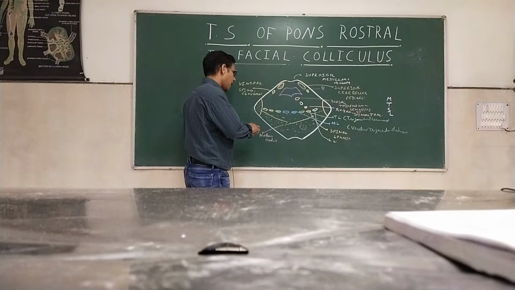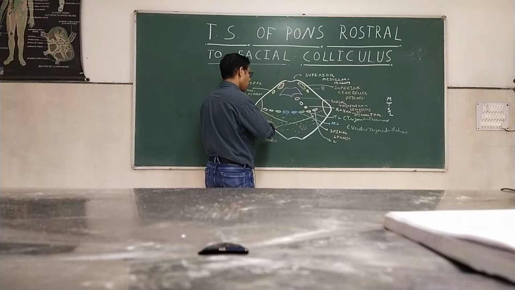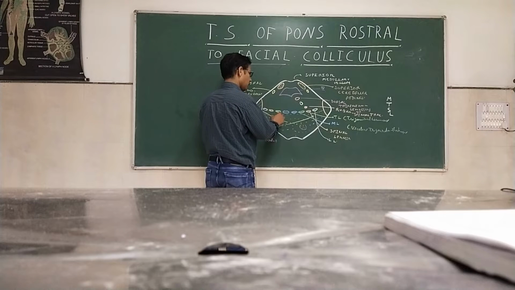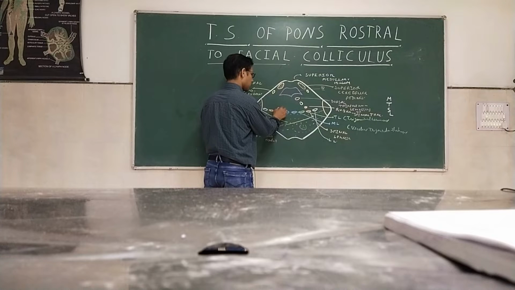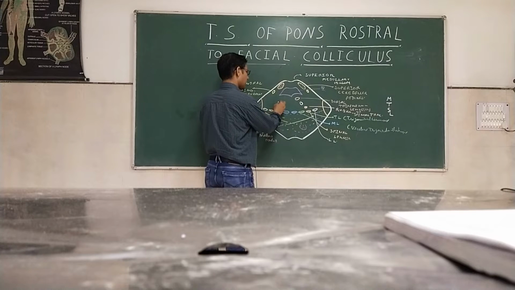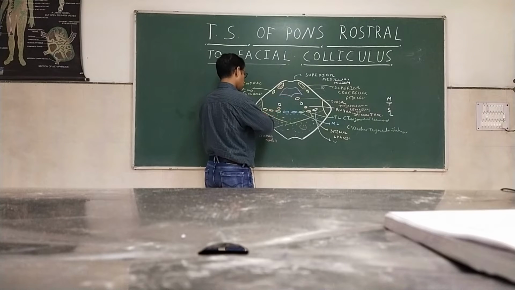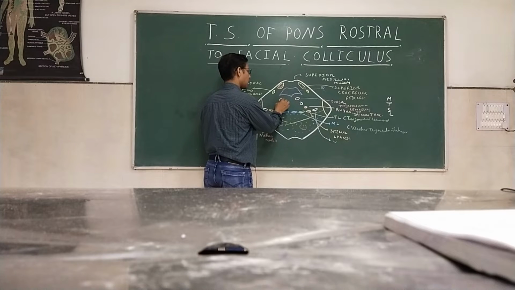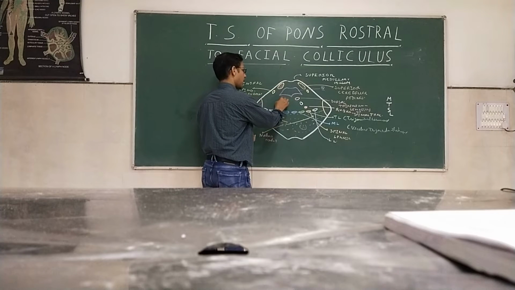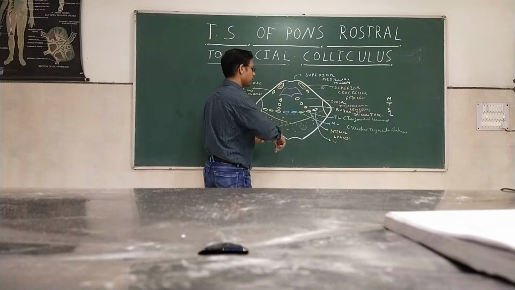Okay, similarly I can draw this here: the rubrospinal tract, the central tegmental tract, and the dorsal trigeminal lemniscus tract. These are the fibers.